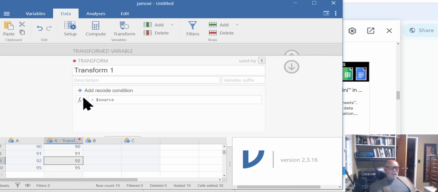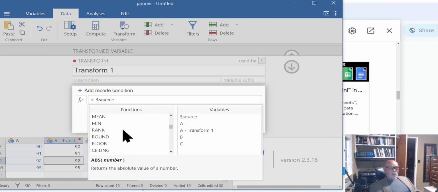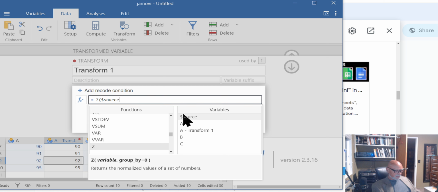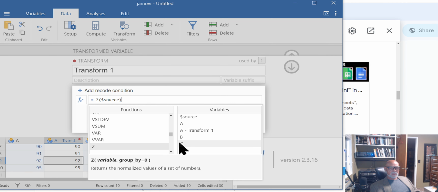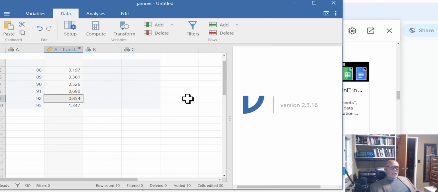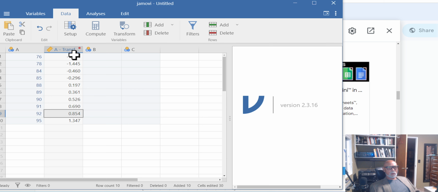I will go here to the functions, select functions, scroll down to the Z, double click the Z, and then I have to put the source variable, which is the variable that we have highlighted, in parentheses, and hit enter. And from there, we will end up with a new variable, transformed as a z-score.